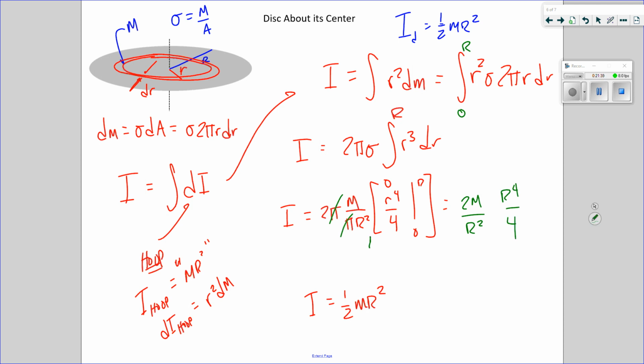Here's the R to the 4th over 4 when we evaluate our integral from 0 to R. And yeah, that gets us there, right? There's a 2 that goes, there's a 2, and yeah, we get that our disk is indeed 1/2 m R squared. Hooray.